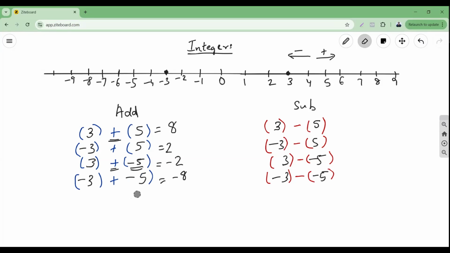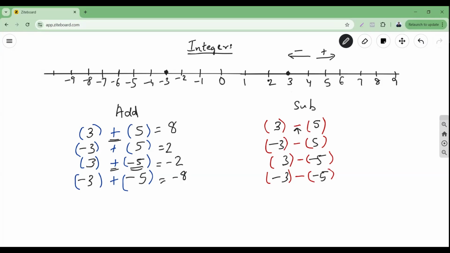Now let's see how subtraction happens. In the same number line, the same thing applies. Plus means I go to the right side. Minus means I go to the left side. Now, 3 minus 5 means I start from 3. Because it's a minus, I go to the left side, right?